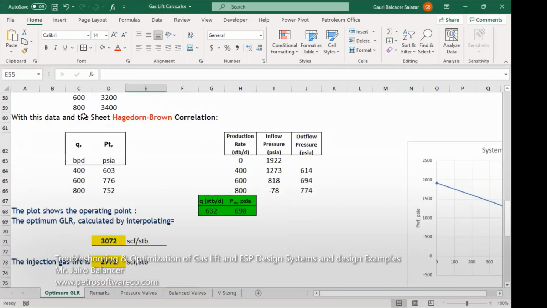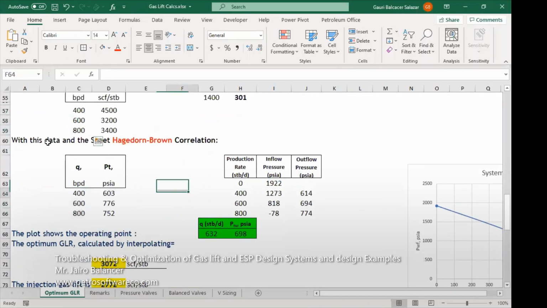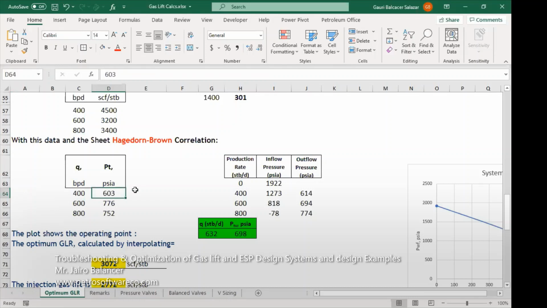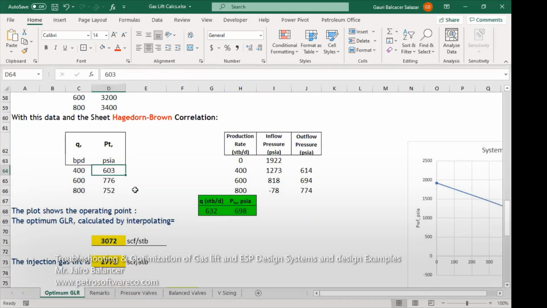For the same production, we need to get this with the Hagedorn and Brown correlation, basically, or in Prosper, we get the production tubing pressure, which is a correlation downhole to surface. With this, we build this table: production, inflow pressure, and outflow pressure.